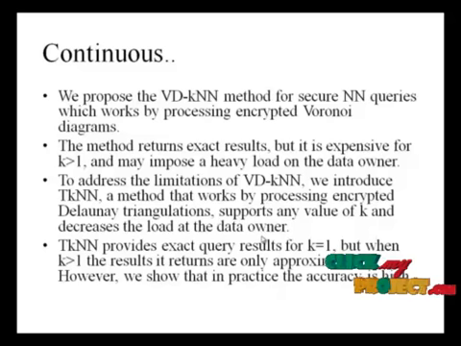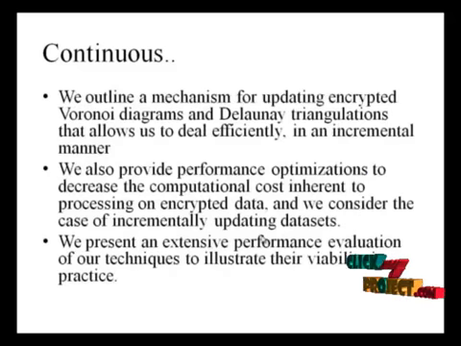To address the limitations of Voronoi diagram kNN, we introduce the triangulation kNN method that works by processing encrypted Delaunay triangulation, supports any value of k and decreases the load at the data owner. TkNN provides exact query results for k equal to 1, but when k is greater than 1, the results it returns are only approximate. However, we show that in practice the accuracy is high.